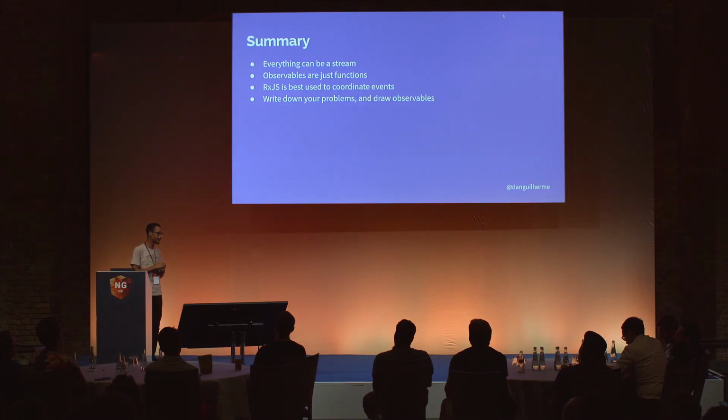RxJS is best used to coordinate events. The idea is that your application is always interacting with events, be they HTTP requests or user events. So RxJS is great to coordinate that. Another tip I would give you is to write down your problems, and even better, draw observables.